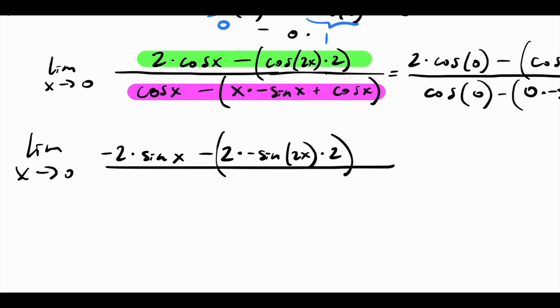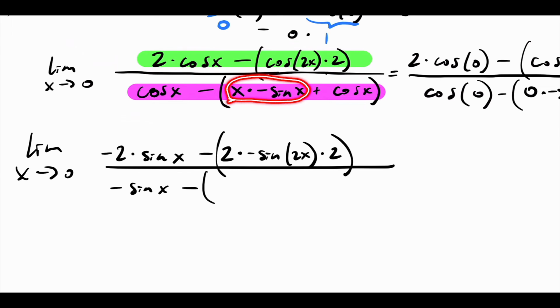Okay, and then the bottom got 2 parts as well. Cosine of x, the derivative is just negative sine. So negative sine of x minus, okay, so this guy in here. Inside the second term, I have two terms. One here and one here. Inside the first one, I have to use product rule.